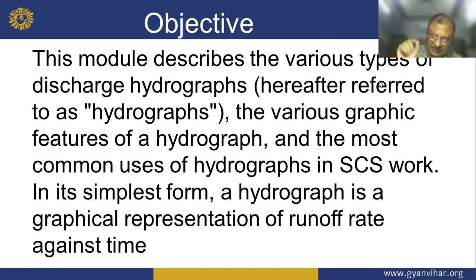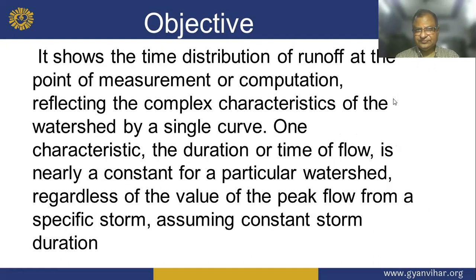In its simplest form, a hydrograph is a graphical representation of runoff rate against time. It shows the time distribution of runoff at the point of measurement or computation, reflecting the complex characteristics of the watershed by a single curve.